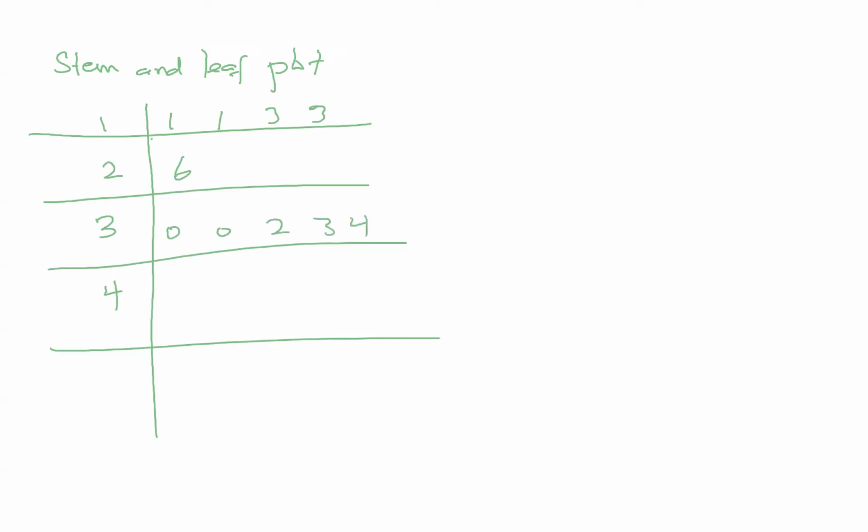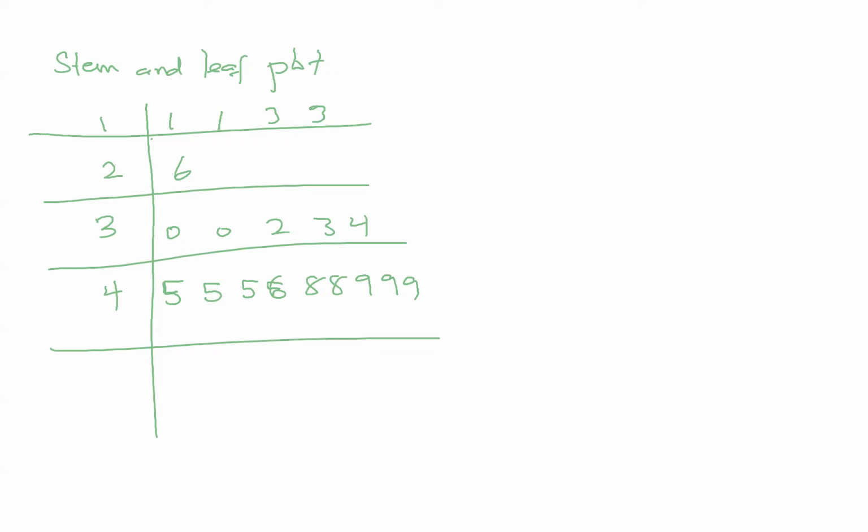Then 5, 5, 5, 6, 8, 8, 9, 9, 9. How do I collect data out of this table? The stem here indicates the first number, and the leaf indicates the second number. So this table is showing that all the numbers are in tens.